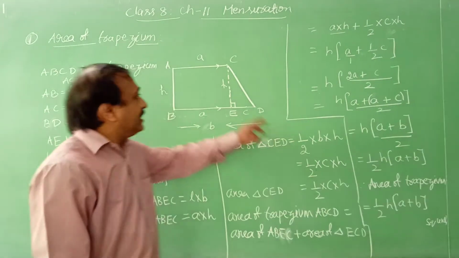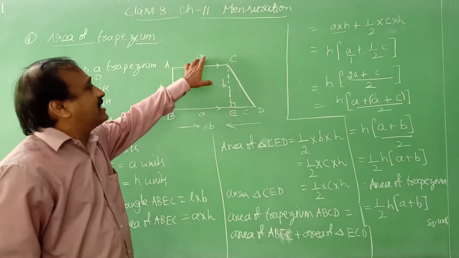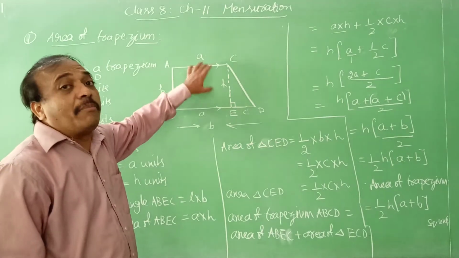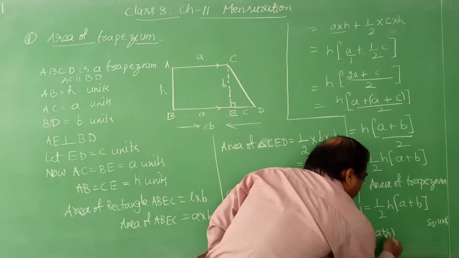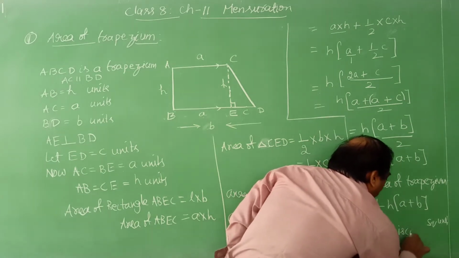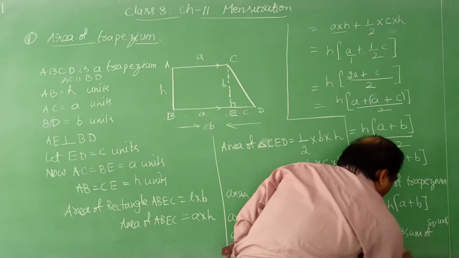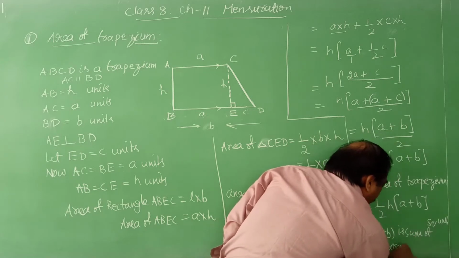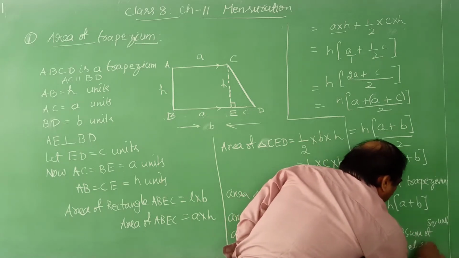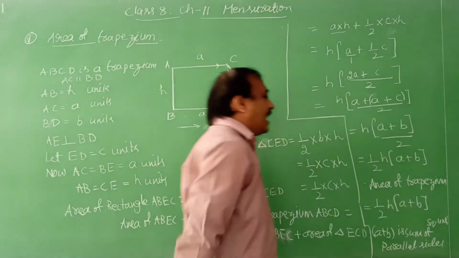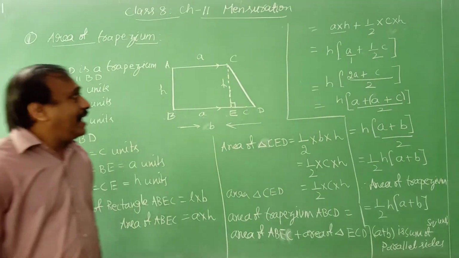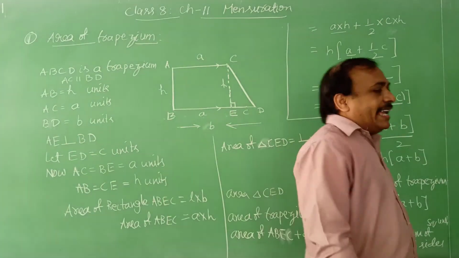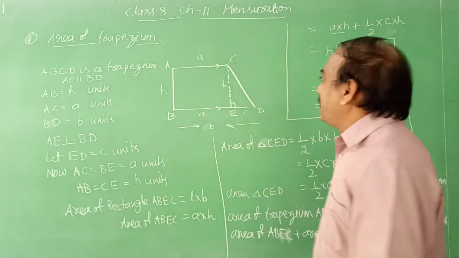A plus B is nothing but the sum of the parallel sides. And H is nothing but height. So therefore, area of the trapezium.